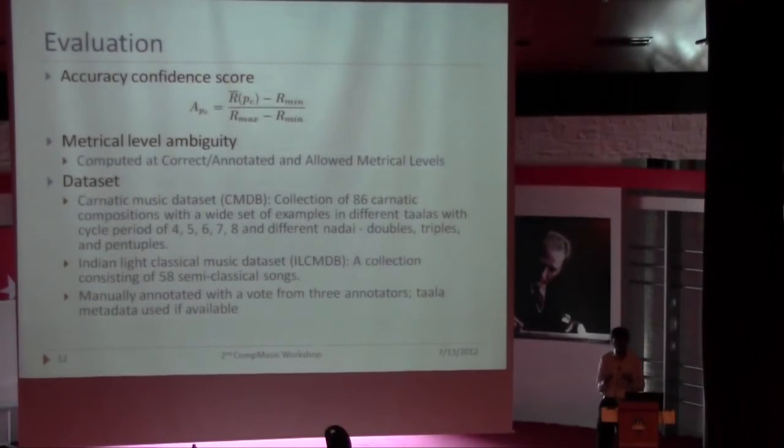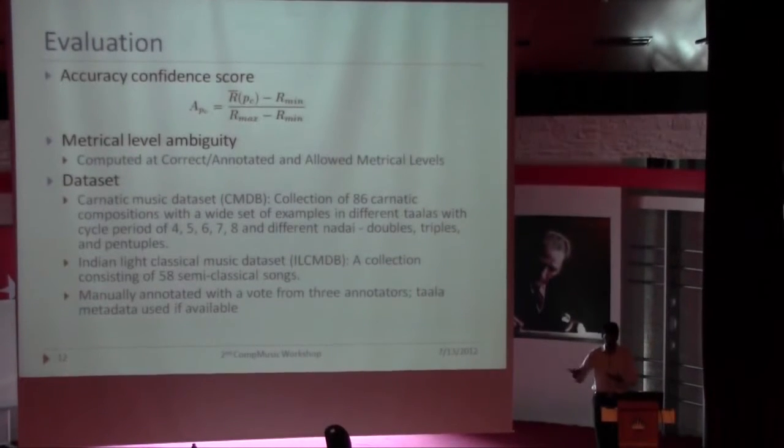So the allowed metrical levels are pretty much multiples of the annotated metrical level. This way we can check accuracies at the musician annotated level and all the other allowed levels, and see if it can find it at the musician level and at the periodicity level which is present in the signal.